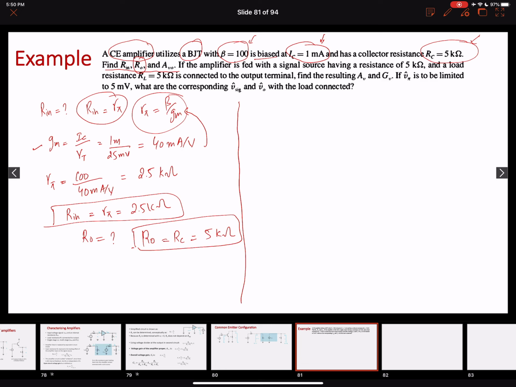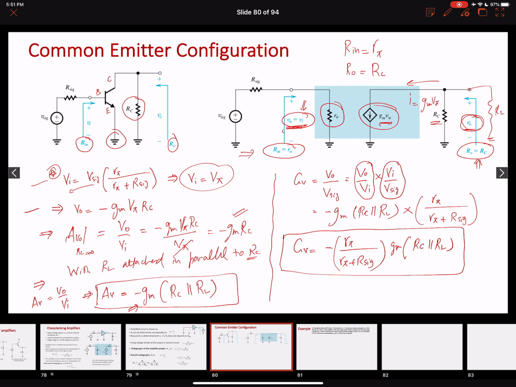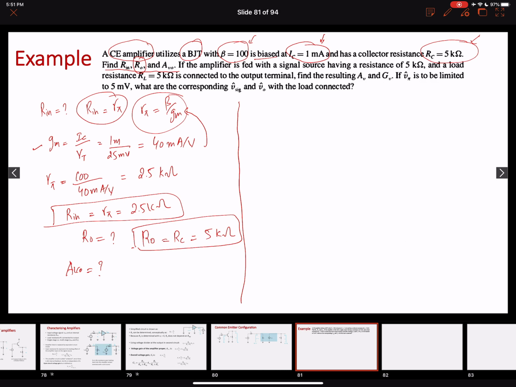The third thing that we want to find out is the open circuit voltage gain, which means that no load resistance is attached. Again, going back to the model, what was the open circuit voltage gain? Minus GM RC. So I'm going to use this equation now. Open circuit voltage gain equals minus GM into RC.